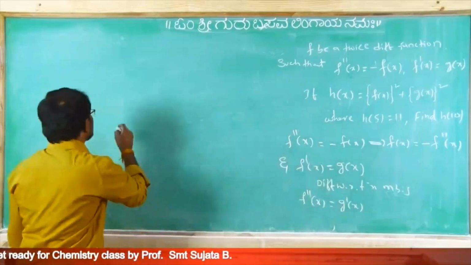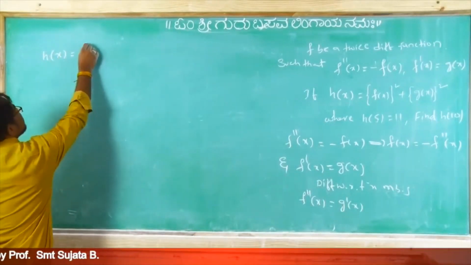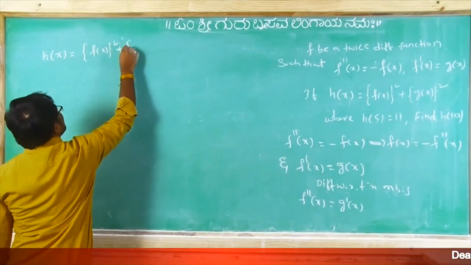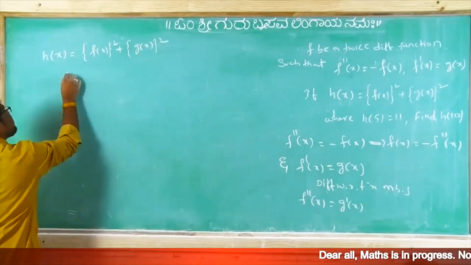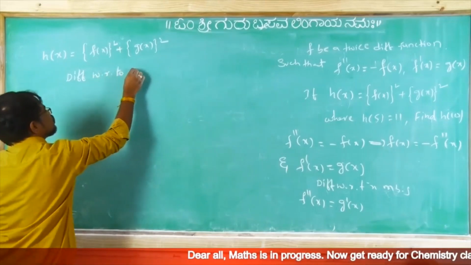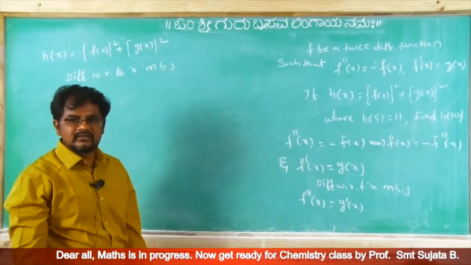Now take the given condition: f of x whole square plus g of x whole square, differentiating with respect to x on both sides.